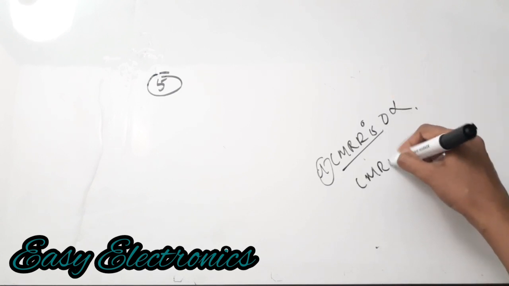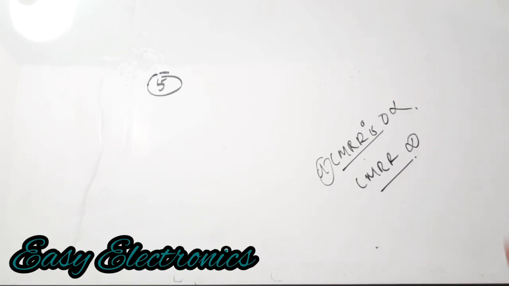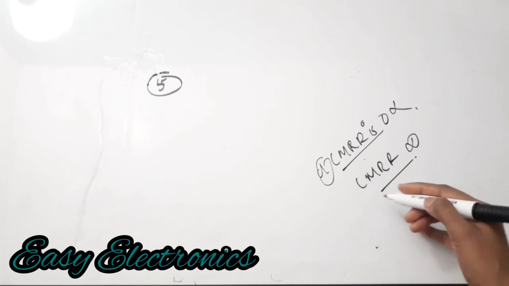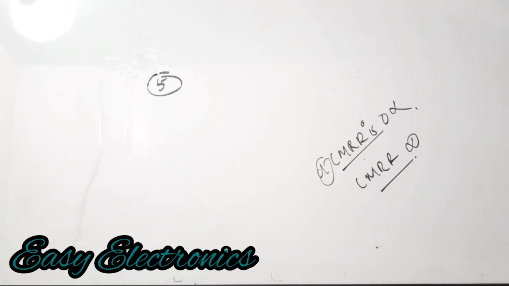CMRR has to be infinity. Our aim is to pass the differential mode signals and not the common mode signals, so the common mode rejection ratio should be infinity. That is a basic principle of an op-amp.